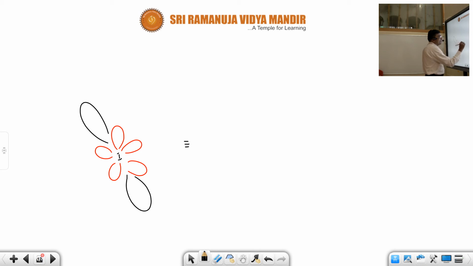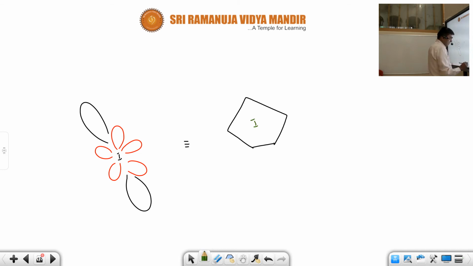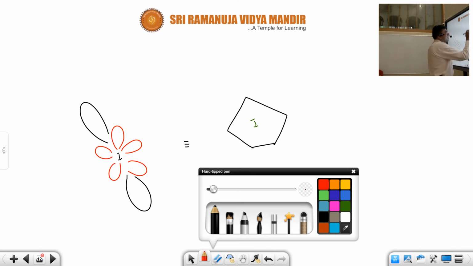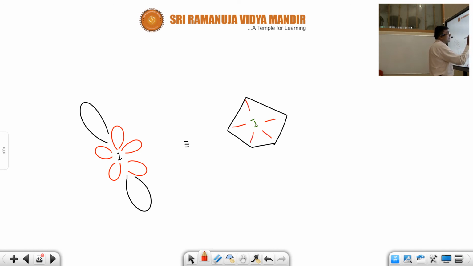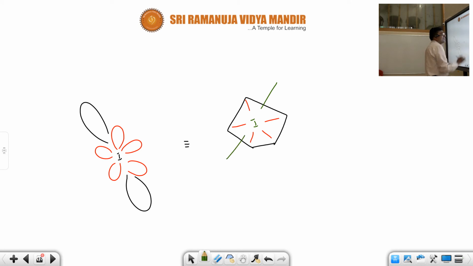So how to write it in the bond line notation? It is as follows. This is IF7. Pentagonal bipyramidal structure.